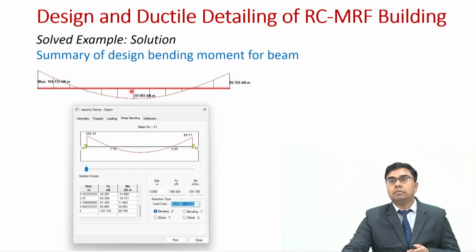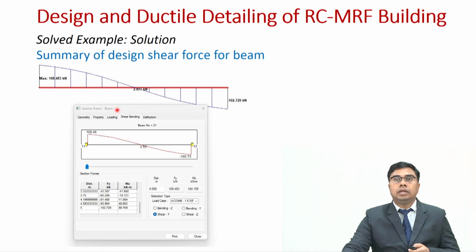At the same time, the envelope maximum value for sagging moment is roughly 60 kilonewton meters. Then the maximum shear force for which the beam is to be designed is around 108 kilonewton.